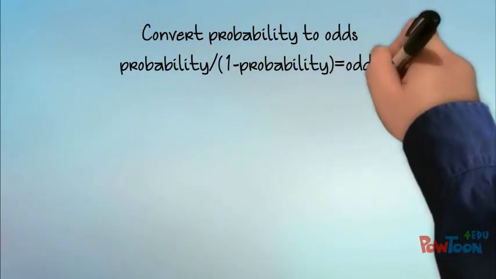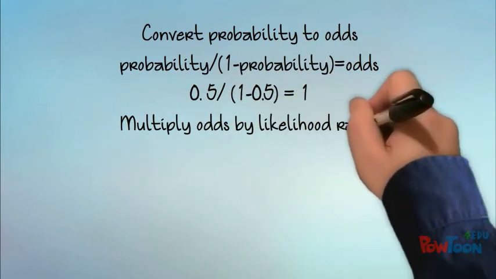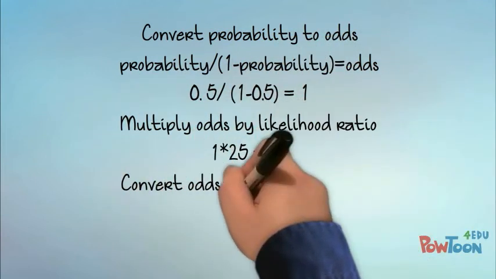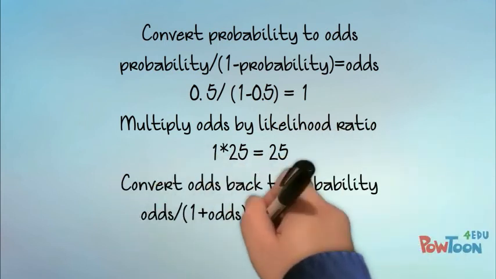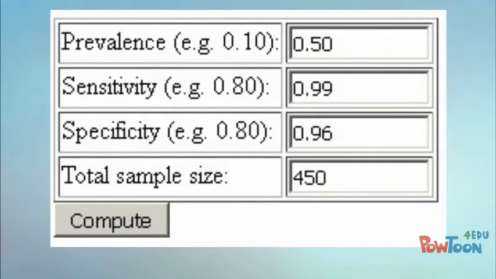I've deliberately simplified the maths, because what you actually have to do is convert probability to odds and then back again, which is daunting and looks something like this. But don't worry, you don't need to know how to do this. Luckily, there are numerous online calculators and smartphone apps that can do the calculations for you. This example is from the University of Illinois.